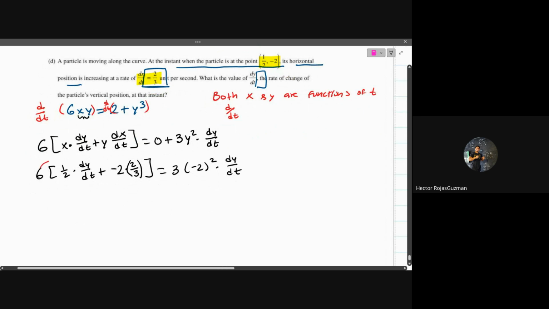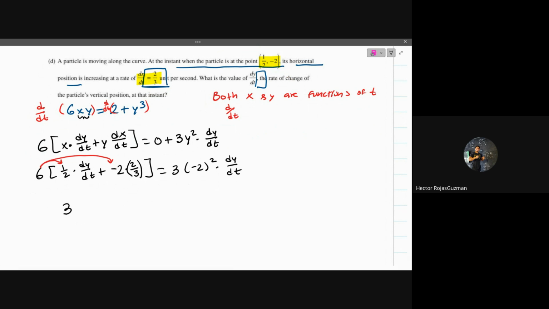Let's go ahead and distribute the 6. This gives me 3 dy dt minus, that's 4 times 2 is 8, equals 3 times 4 times dy dt.